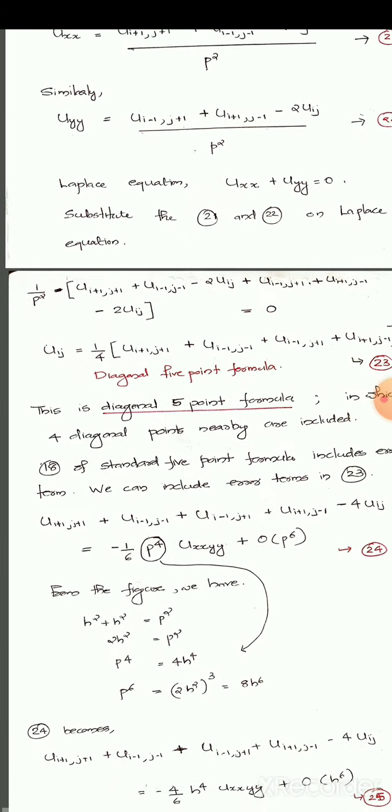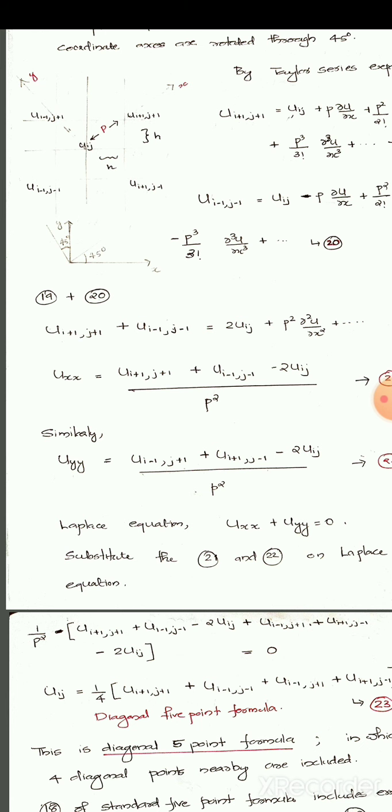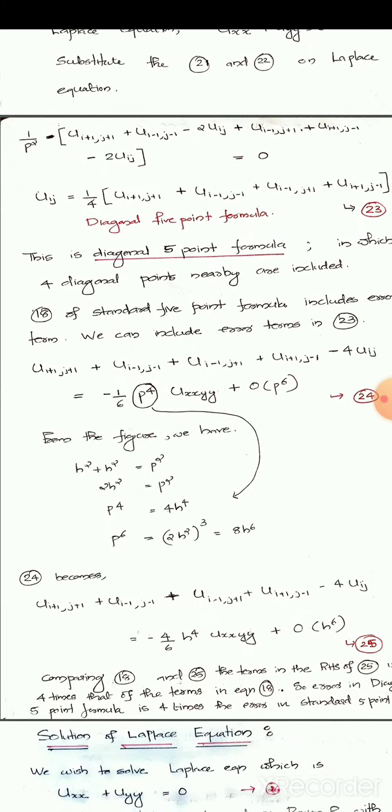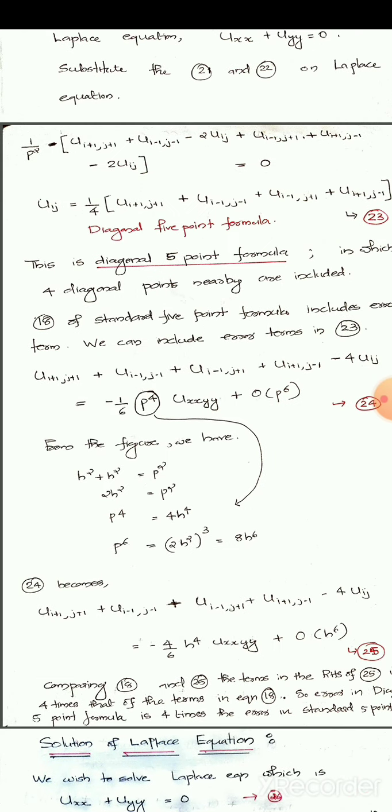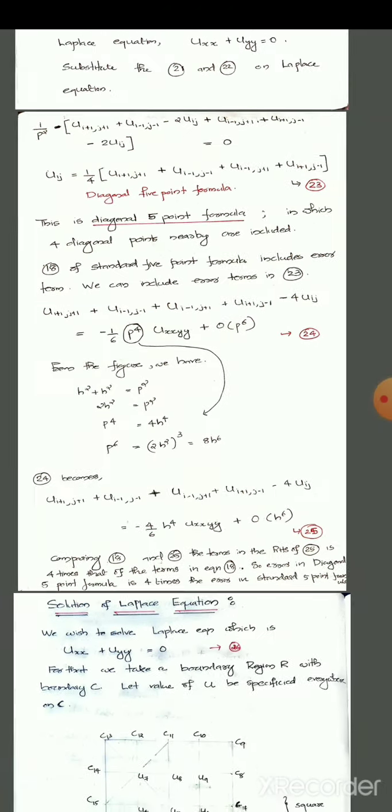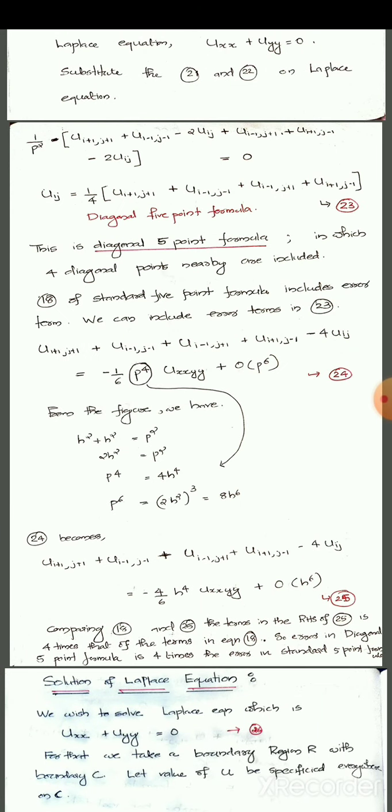So knowing one point and four of its diagonals, we can find the value at any point. In the case of the Laplace equation, we can find any value of the function or variable u. The standard 5-point formula with error terms can also be calculated.